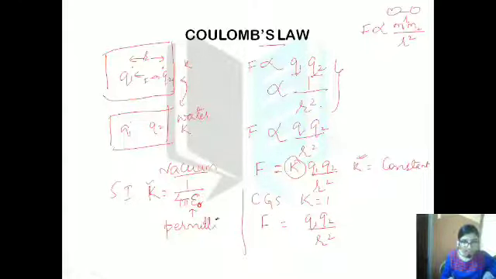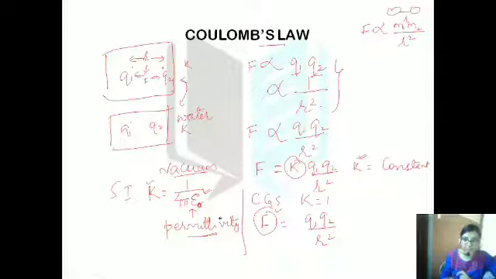By the value of this permittivity, we can find out what amount of force will be acting between the charges placed in that medium. That means this is the property of the medium which determines the amount of force acting between the charges. We'll discuss this permittivity in detail again afterwards.